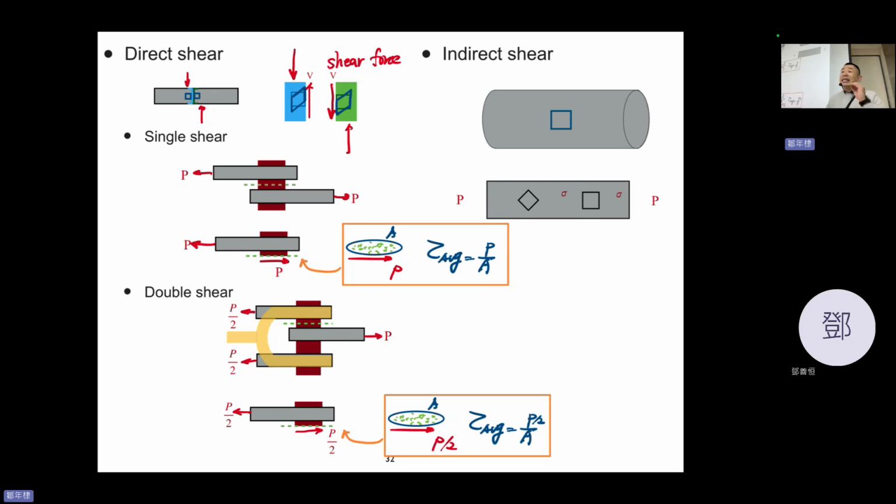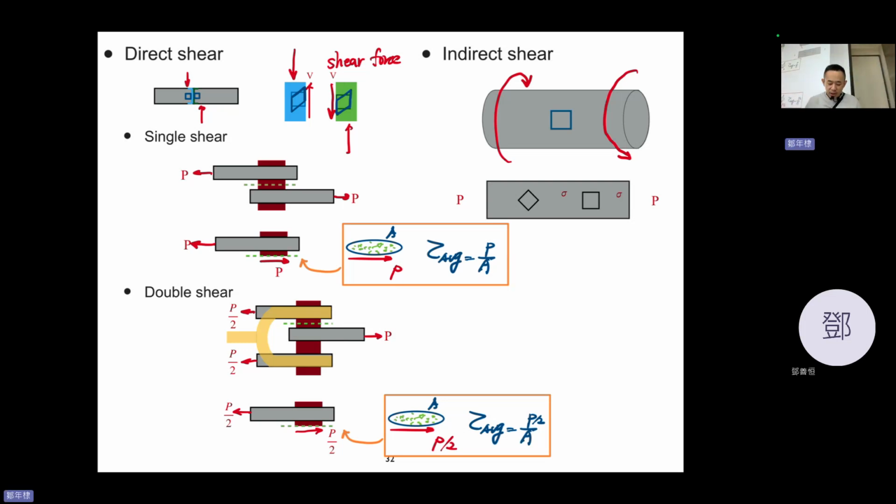The other is indirect shear. Indirect shear, you can see that before the loading, if you have the element with the square shape like this, and if you twist it, how to twist it? All right, twist it.